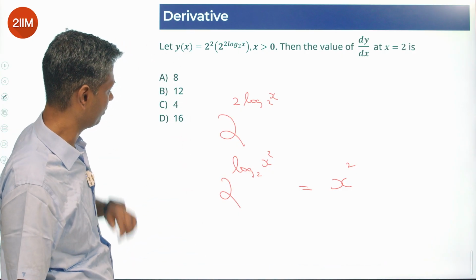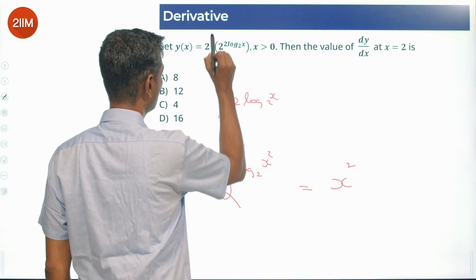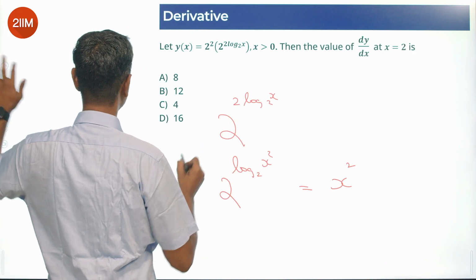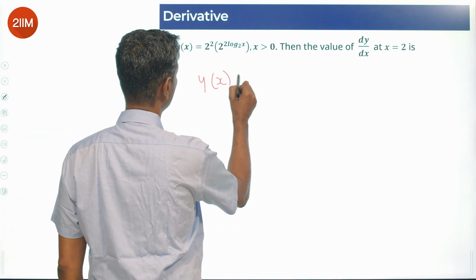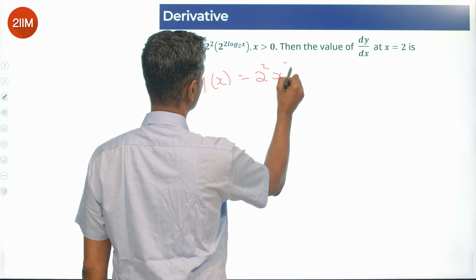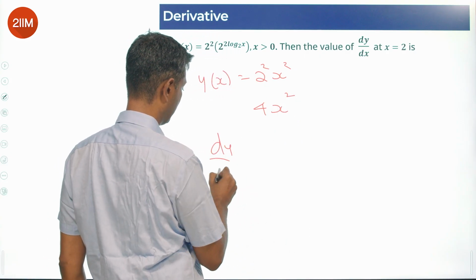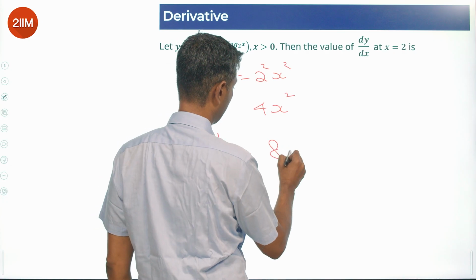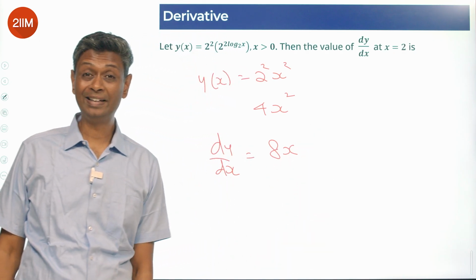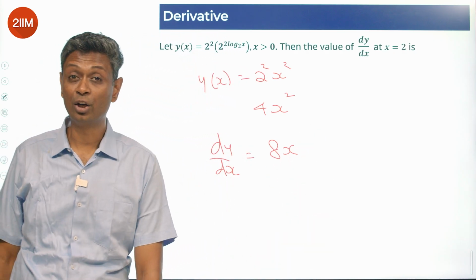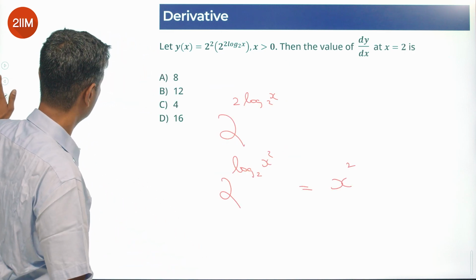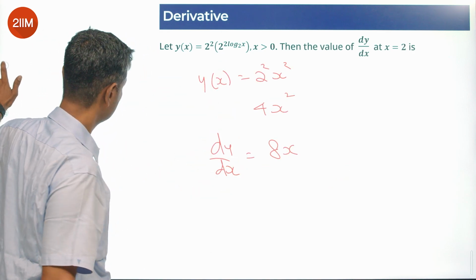So this expression is 2² into x². So y of x is 2² into x², which is 4x². What is dy/dx? This is 8x. What is dy/dx at x equal to 2? 8 into 2, 16. Hopefully that's there in my choices. Yeah, done.